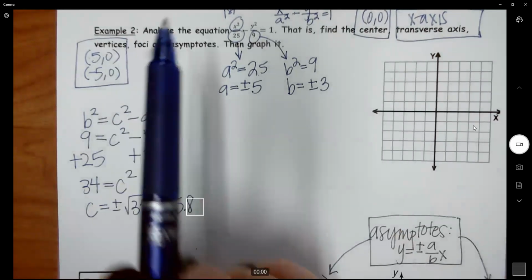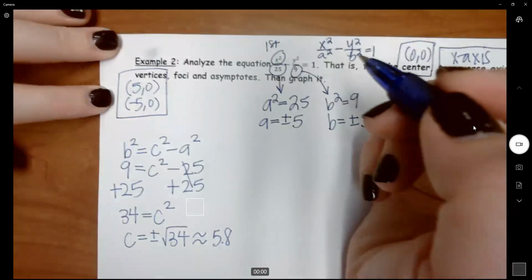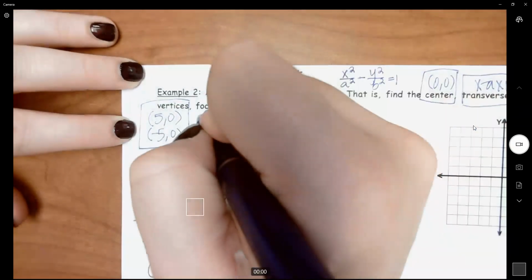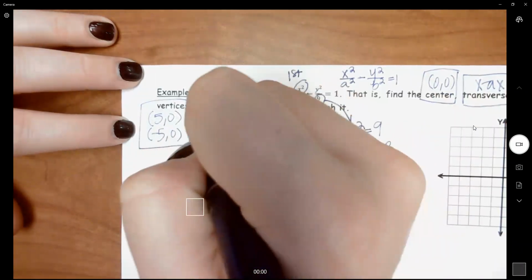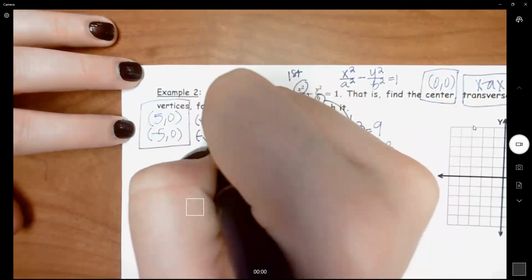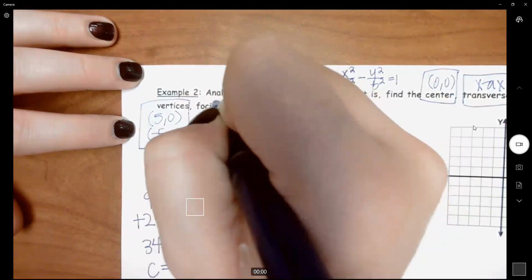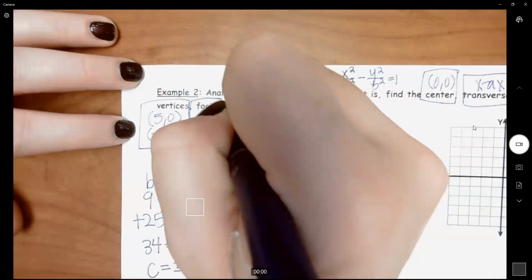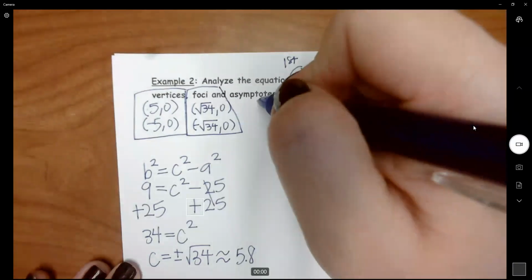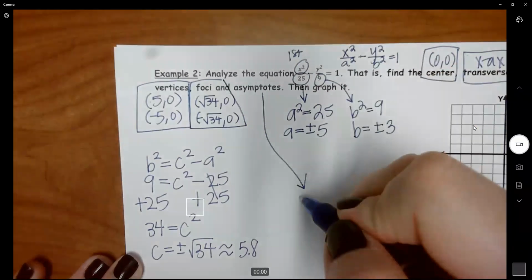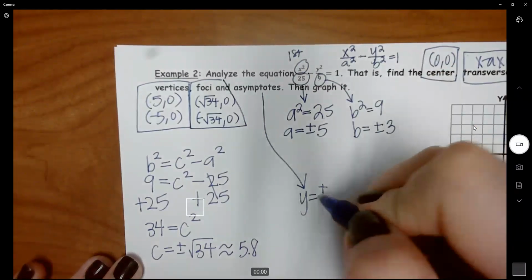So for my foci, that means this is square root 34, 0, and negative square root 34, 0. Okay, and then lastly, my asymptotes.